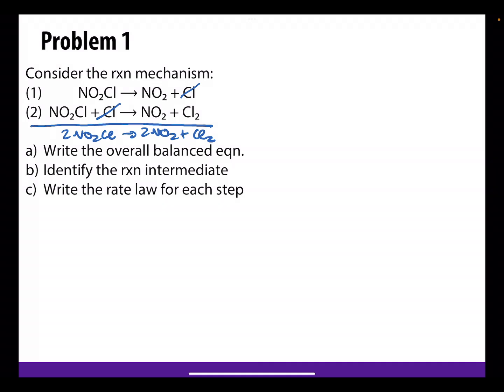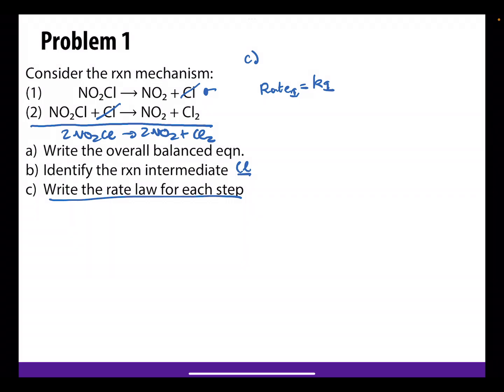The reaction intermediate, so Cl was produced in step 1, consumed in step 2, so that is our reaction intermediate. The rate law for each step, so now this relies on what we learned on the last slide about molecularity. So rate of step 1 is equal to, this is part C we're doing here, the rate law for each step. That's going to be equal to K1. Step 1 has a rate constant.